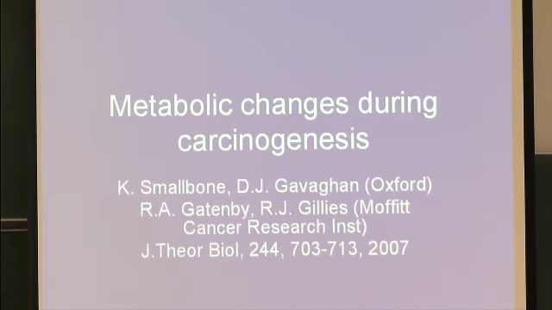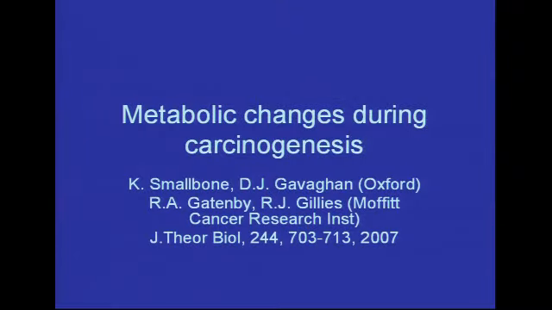Okay, so I'm now going on to talk about work that we did in collaboration with two experimentalists, Bob Gatenby and Bob Gillis, who are now at the Moffitt Cancer Institute, Karen Smallbone, who was a graduate student of ours who's now in Manchester, and David Gavaghan, who's a colleague of mine in the Comlab.